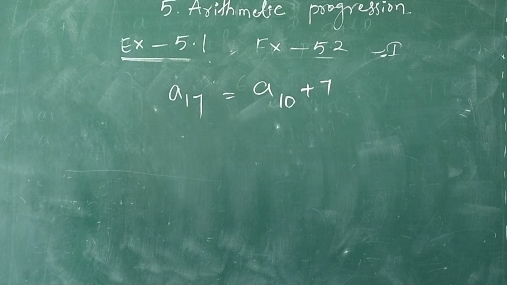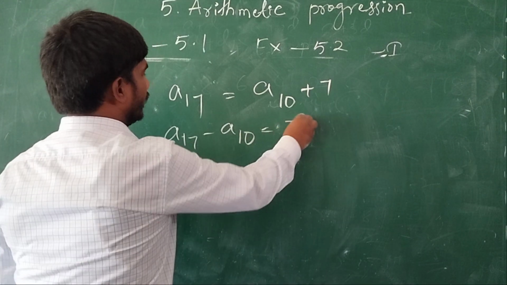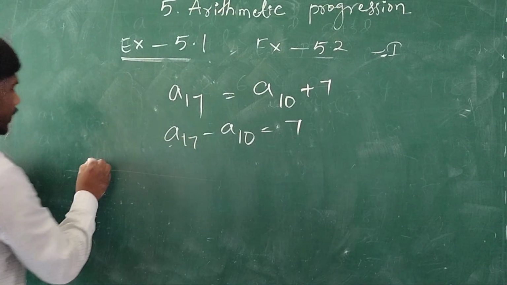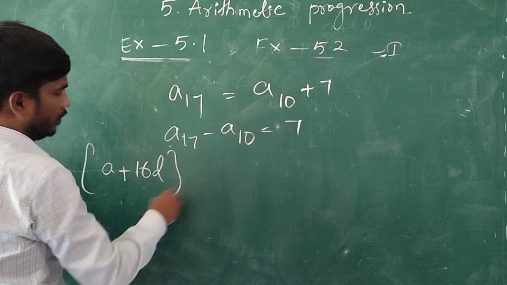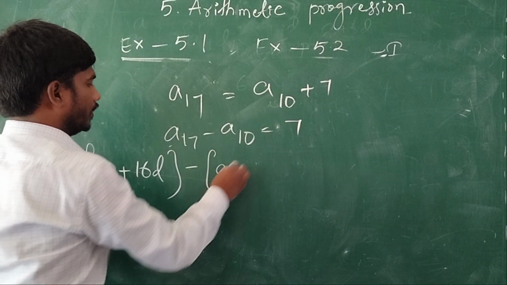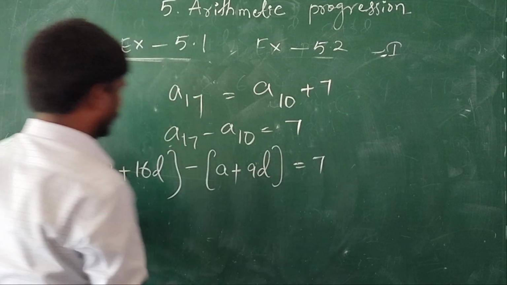The 17th term is 7 more than the 10th term. It means A17 minus A10 is equal to 7. So what is the A17th term actually? A17 means A plus 16D, and A10 is A plus 9D, minus, is equal to 7.